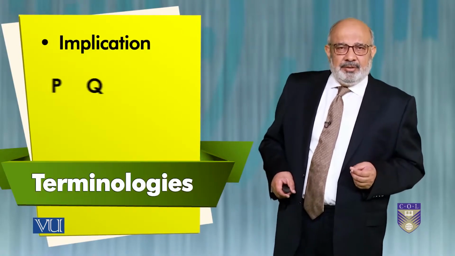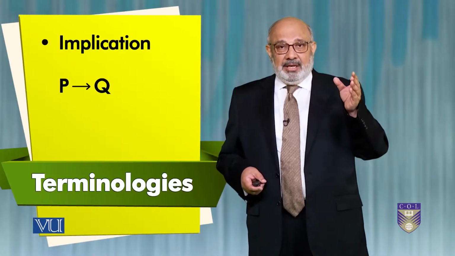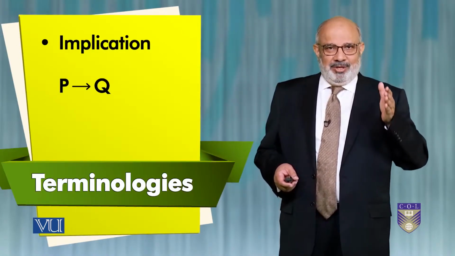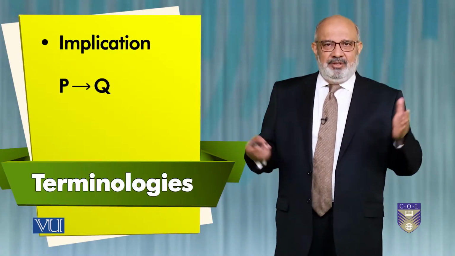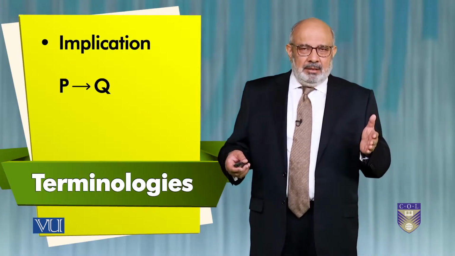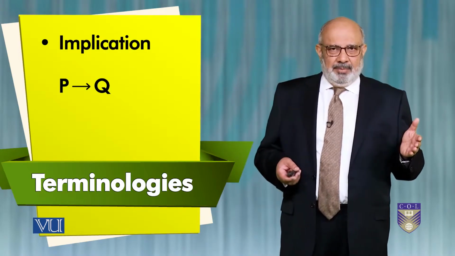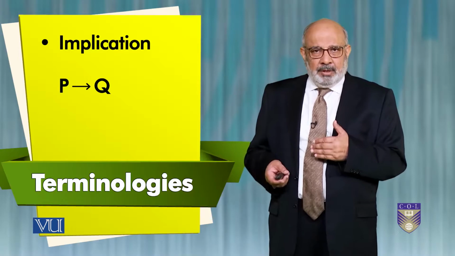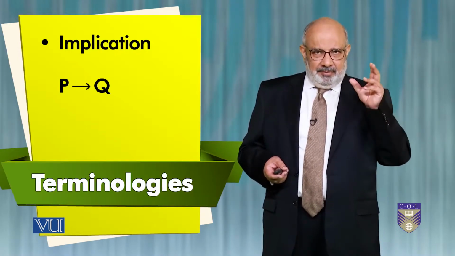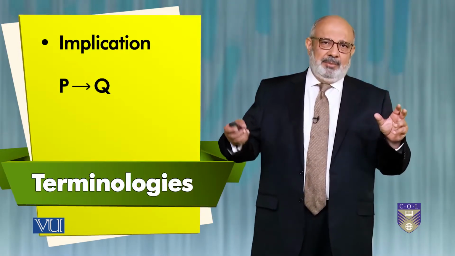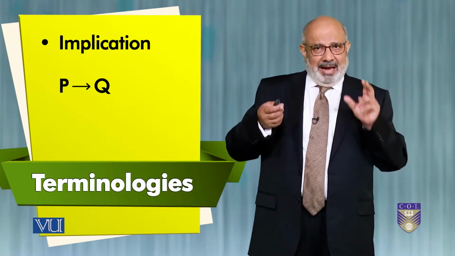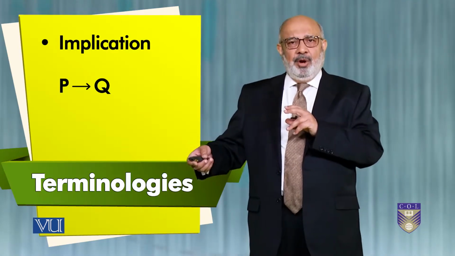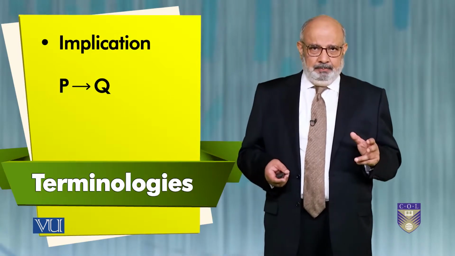Some of the terminologies. Implication, for instance, is one of the logical connectives which can be represented, for example, P, some statement or idea, concept, P implies Q. Okay, so this means that if there's something called P which can represent a basic concept, and if that is true, then the corresponding another concept, Q, is also true.